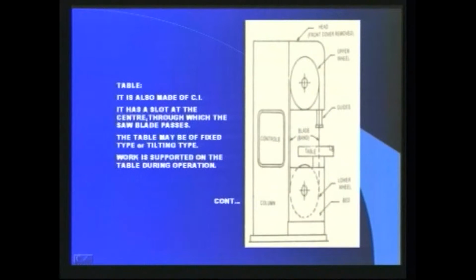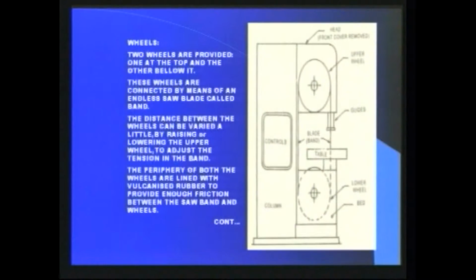Table is also made of cast iron. It has a slot at the center through which the saw blade passes. The table may be of fixed type or tilting type. Work is supported on the table during operation. Next, wheels. Two wheels are provided, one at the top and the other below it.